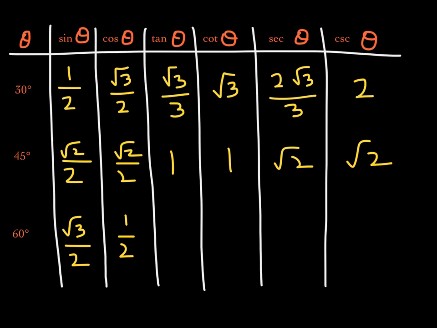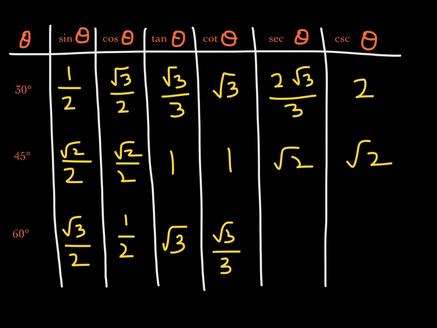And then tangent of 60 degrees will be equivalent to cotangent of 30 degrees. Folks, I'm using what we know about cofunction values of complementary angles. Cotangent of 60 degrees will be equivalent to tangent of 30 degrees, so root 3 over 3.